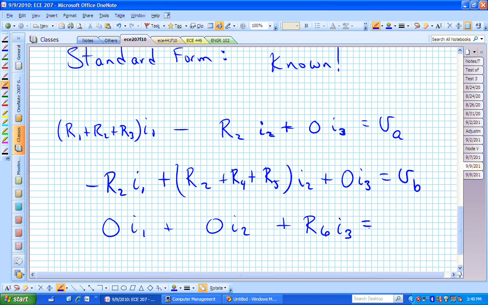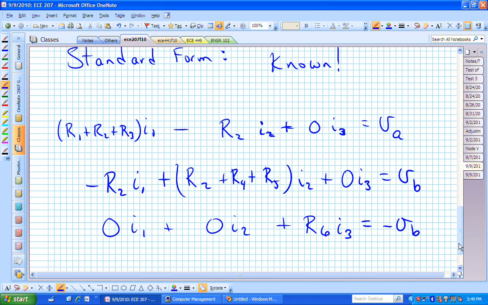And if I increase V sub B, does that impede or does that help or discourage I sub 3? It discourages, so in this case I should have a minus V sub B. And if you look at your third equation the way that we wrote it initially and put it in standard form, you should end up with these three equations. We did it two different ways as a way of checking our work.